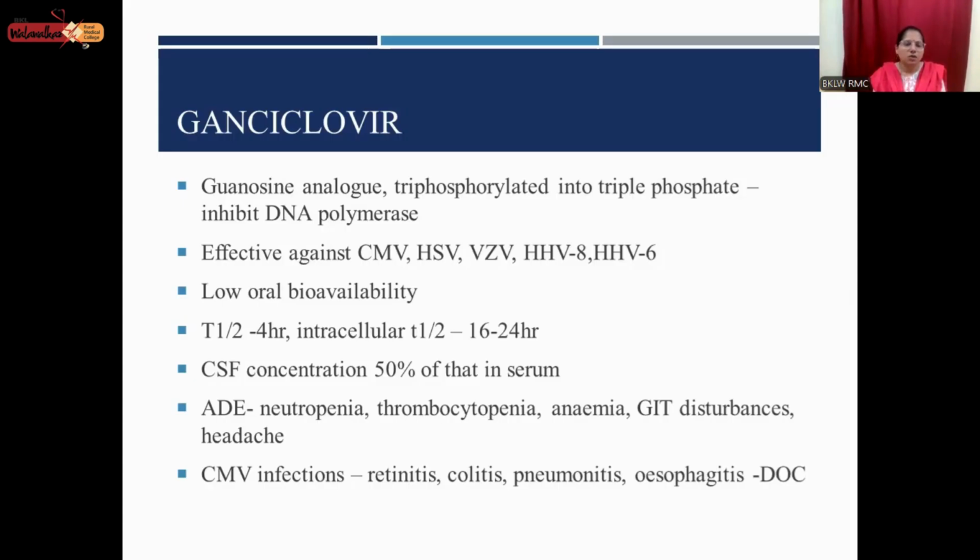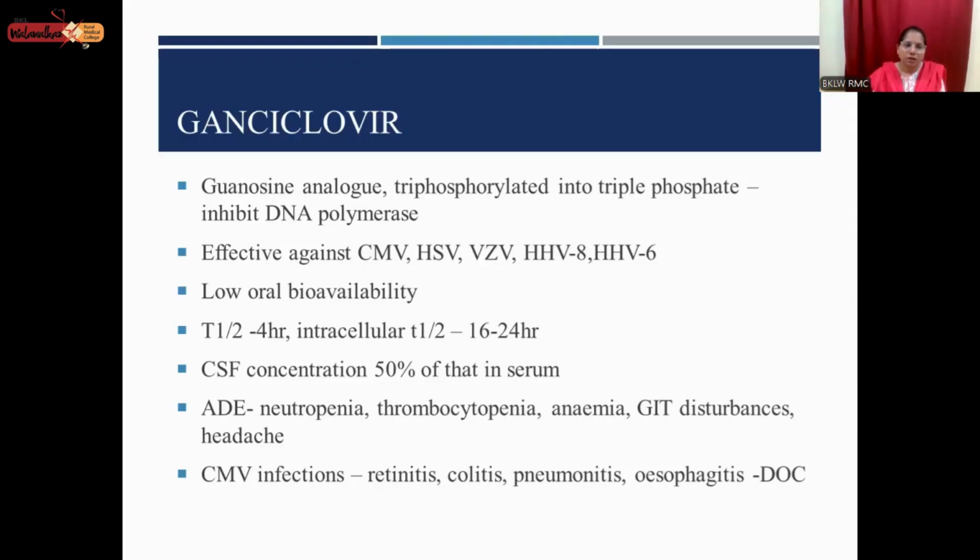CSF concentration attained is 50% of serum, so it can be given in any CNS infections. CMV infections like retinitis, colitis, pneumonitis, esophagitis can be treated with ganciclovir.